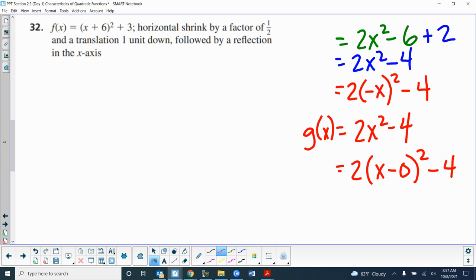So what's my vertex? What's my x value? 0. What's my y value? Negative 4. Okay? So the vertex is 0, negative 4. If there's nothing in parentheses being squared, that means the x value of the vertex is 0.